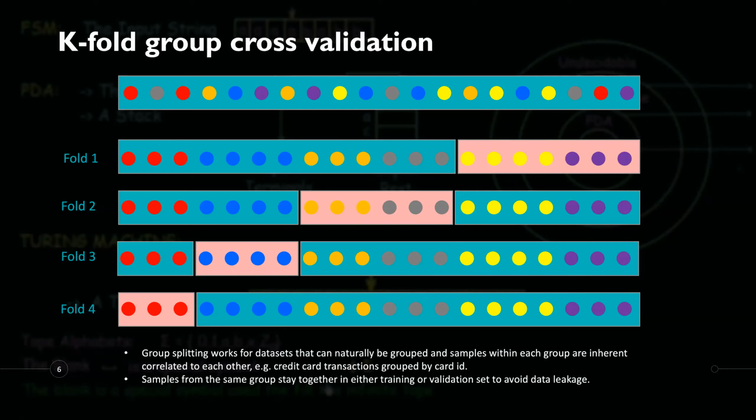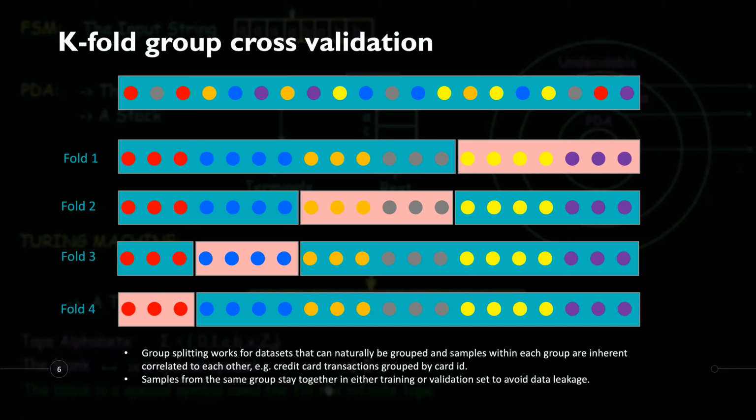Instead, we look at what's in the original data and try to find the most important grouping factor. For instance, when working on credit card transaction data, we would like to keep the transactions from one card entirely in either the training data or the validation data set.